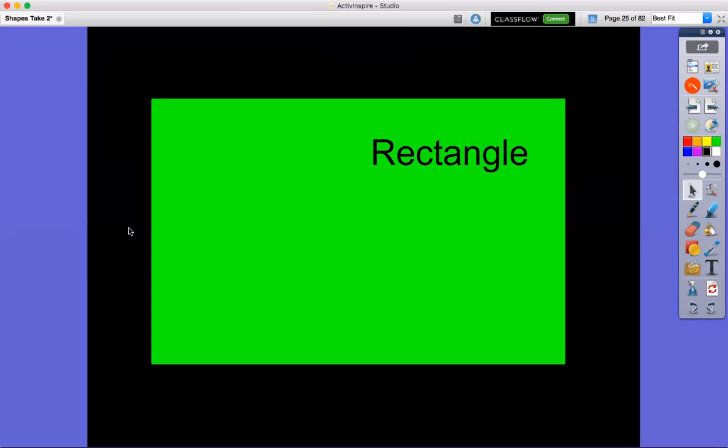Okay? Four right angles, so four corners that are sitting up straight and tall. And that is how you build a rectangle. So your job now is to look around outside your house, inside your house, and find things that are the shape of a rectangle, okay? Have fun hunting for rectangles.